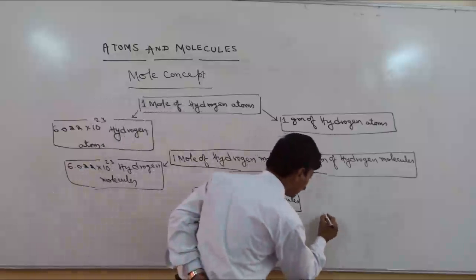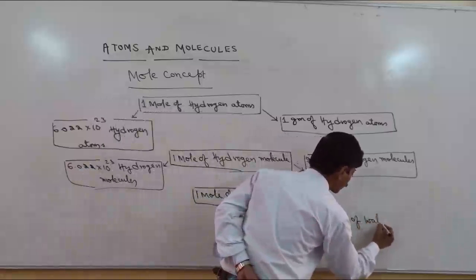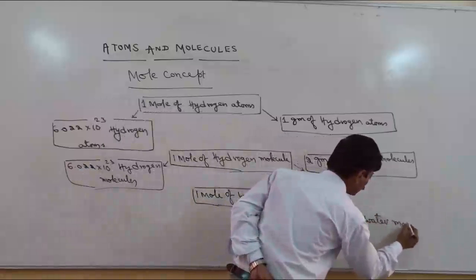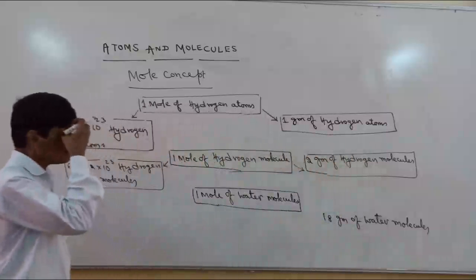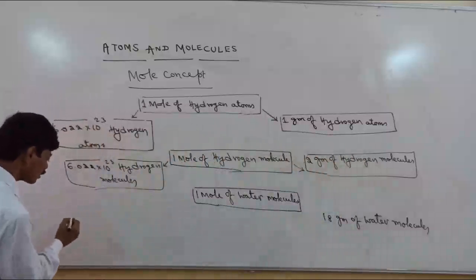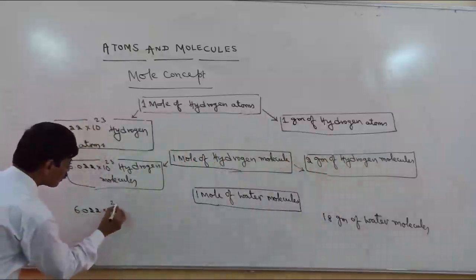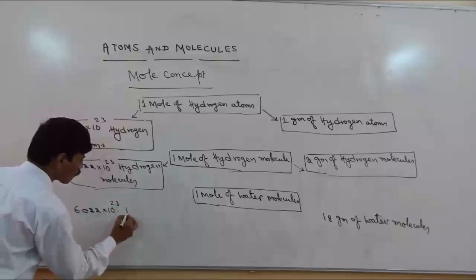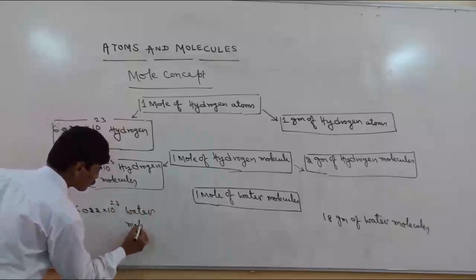So we can write 18 grams of water molecules, and 18 grams of water molecules will have Avogadro number of water molecules, so 6.022 × 10^23 water molecules.